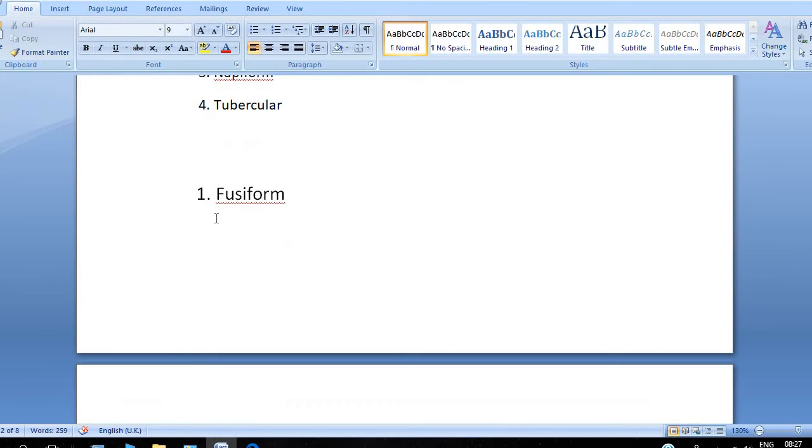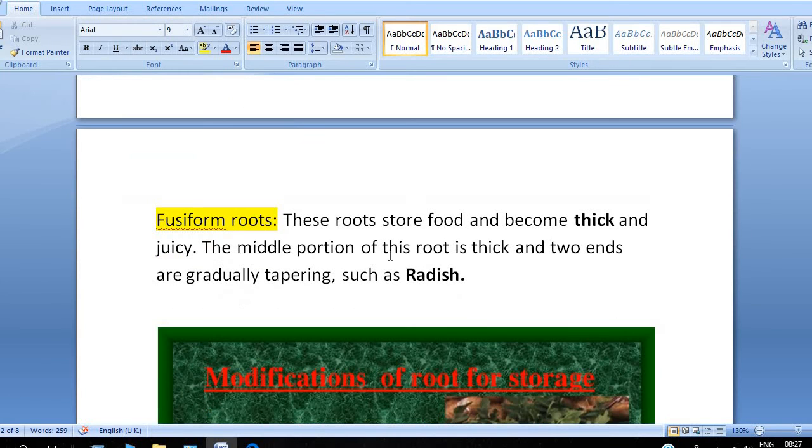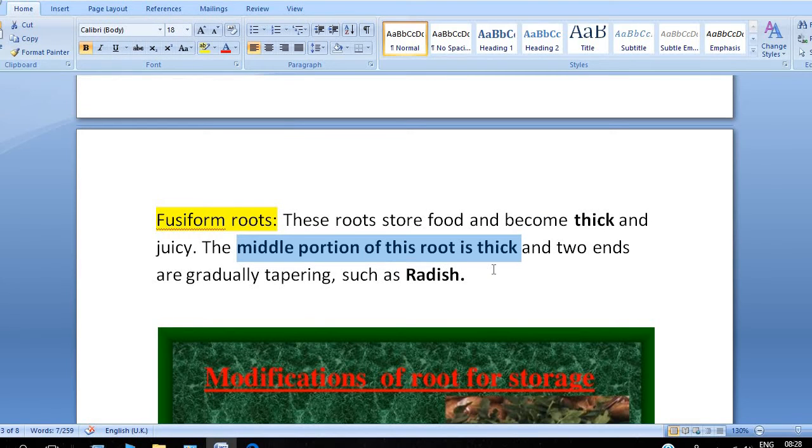First, what is the fusiform root? This root stores food and becomes thick and juicy. The middle portion of this root is thick, and the two ends are gradually tapering, just like a radish.